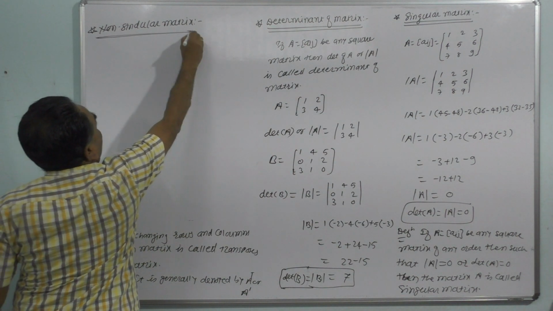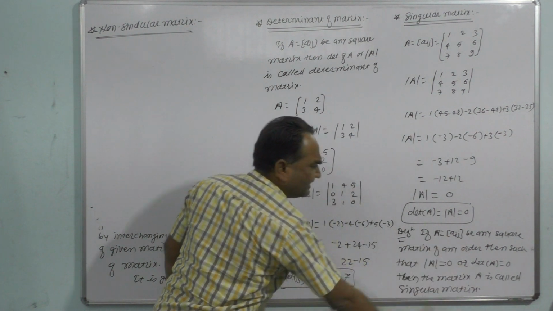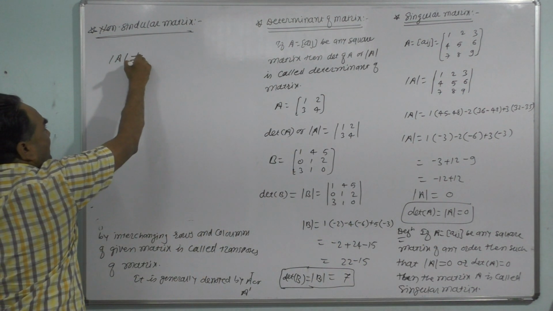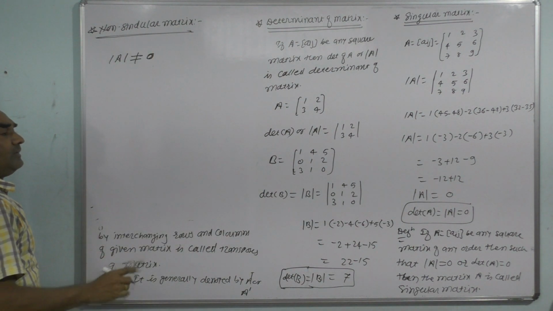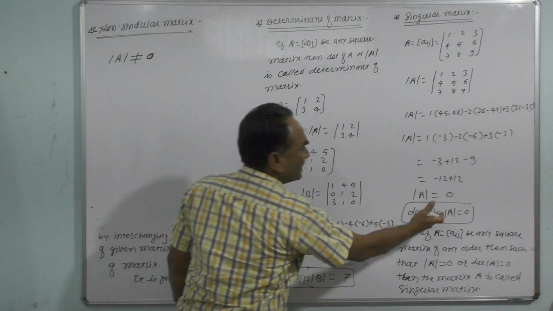What is meant by non-singular matrix? If A = [aij] is any square matrix of any order, such that determinant of A is not equal to 0, then this matrix is called a non-singular matrix. This value is not equal to 0.